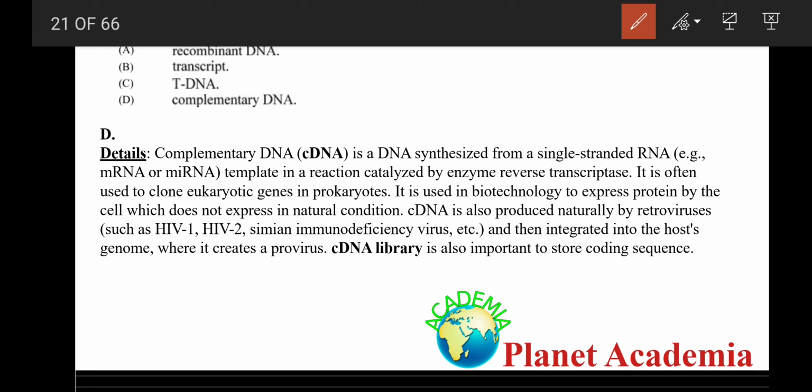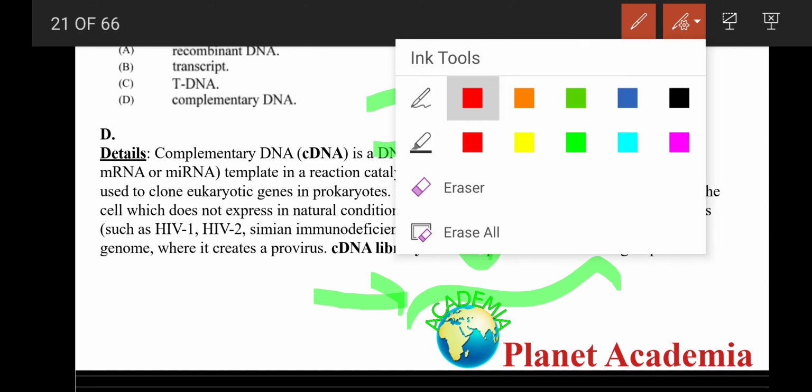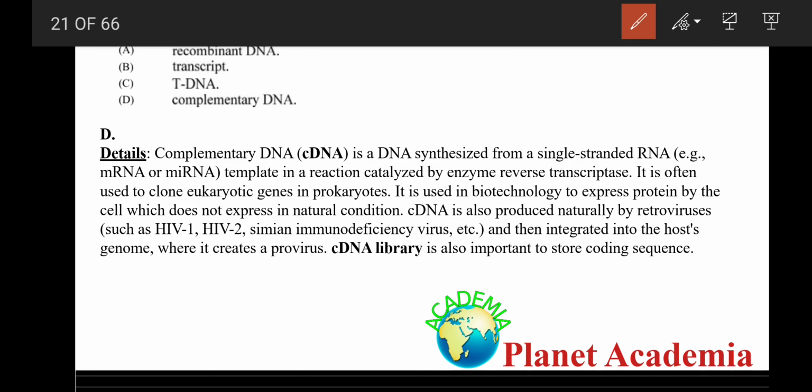Now, transcript. Do you remember what a transcript is? When DNA is transcribed to RNA, the RNA is called a transcript. Next, tDNA is transfer DNA, transferable DNA.